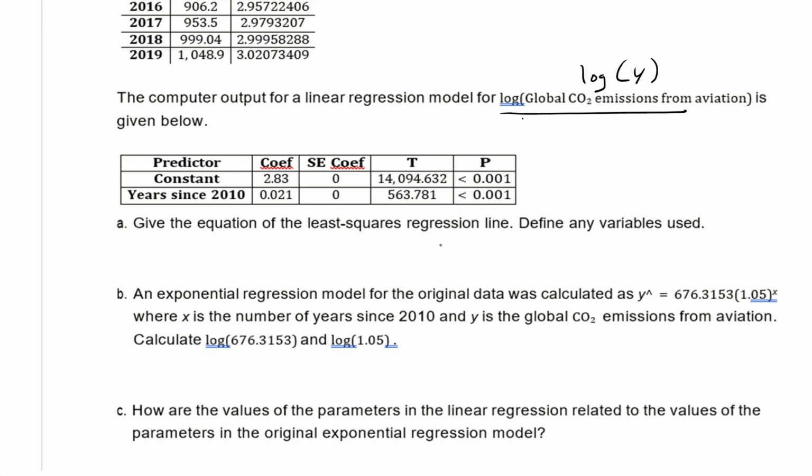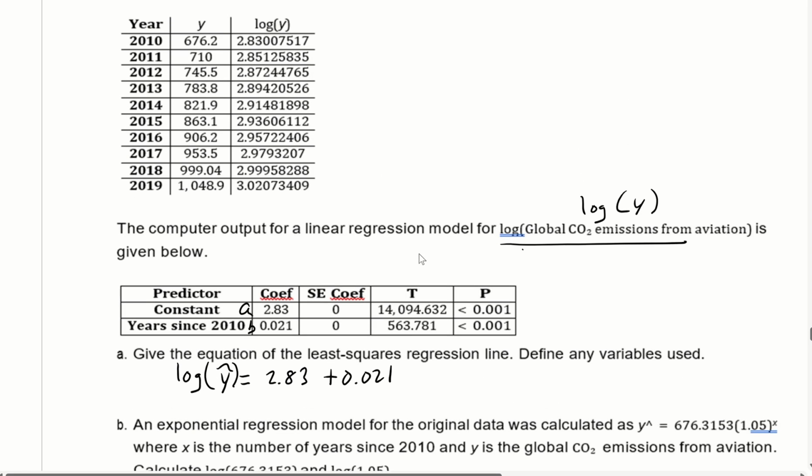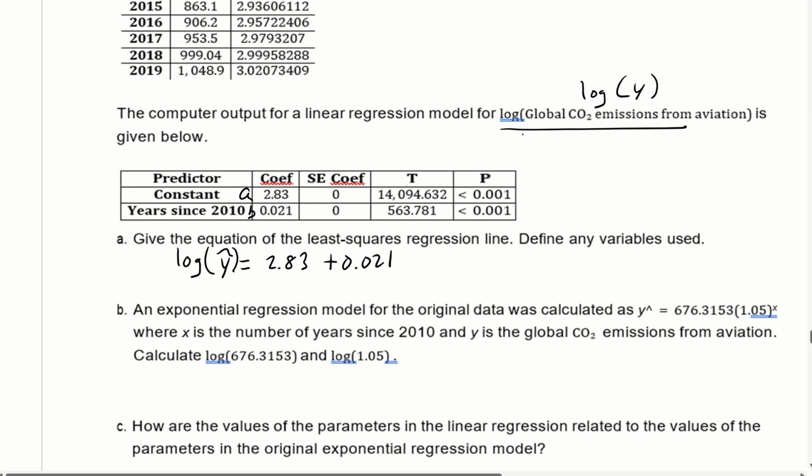So I'm going to say log of Y hat equals, now this is A, this is B, so you got 2.83 plus 0.021. Now, X is just going to be log of Y versus X, so we got just X here.